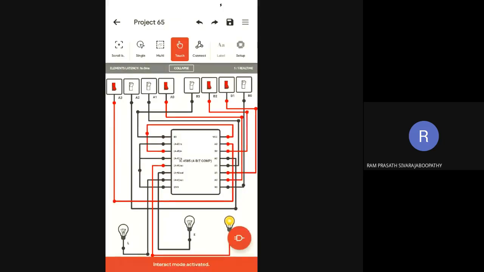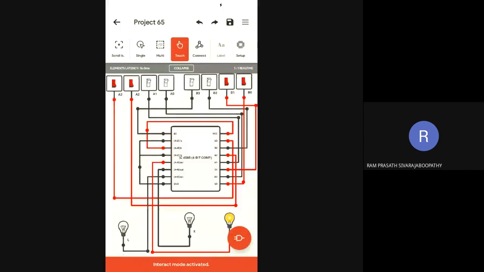If both are equal, equal is 1. Both are 1 0 0 1 1 0 0. Is it clear for everyone? This one has given one combination: 1 1 0 0 0 0 1 1. A greater than B. Is it visible for all of you?